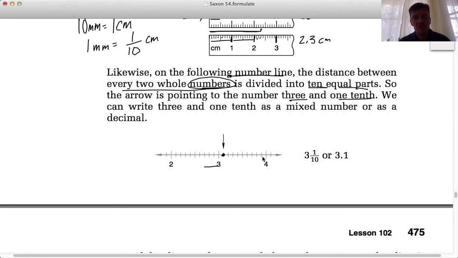And every mark here, you'll notice there are 10 marks in between 3 and 4. So every unit from 3 to 4 has 10 marks, or 1/10. Every mark is a tenth of that unit. So if you go to the next mark, that's going to be a tenth added on to the 3 is 3 1/10, or 3.1.